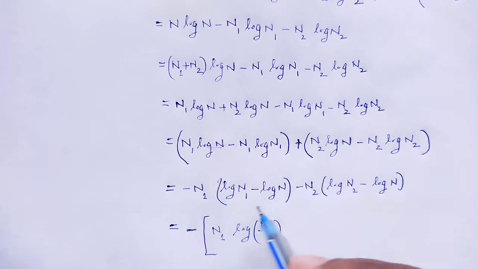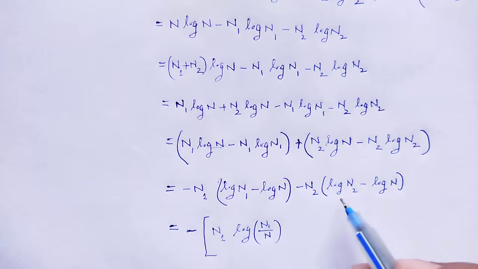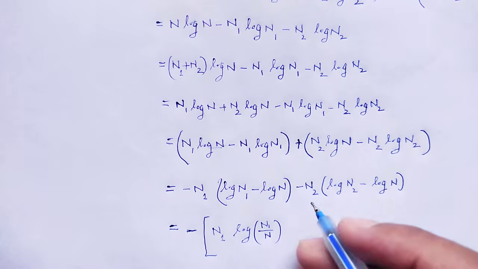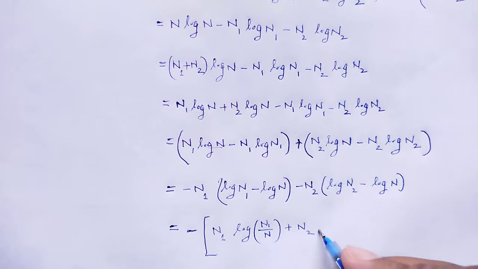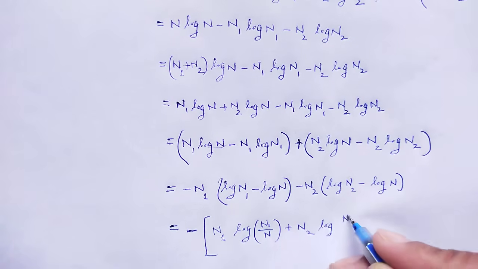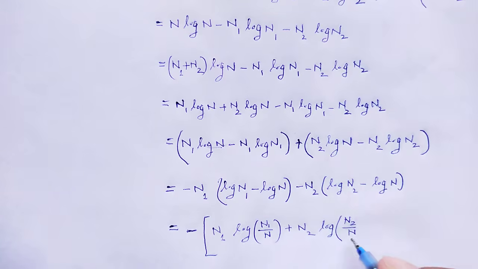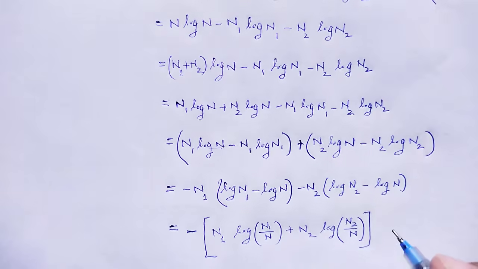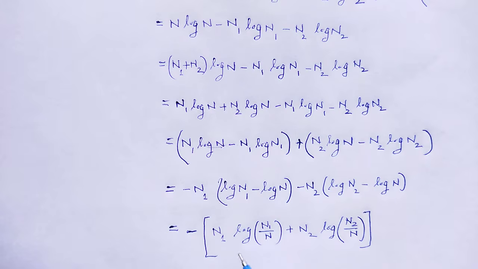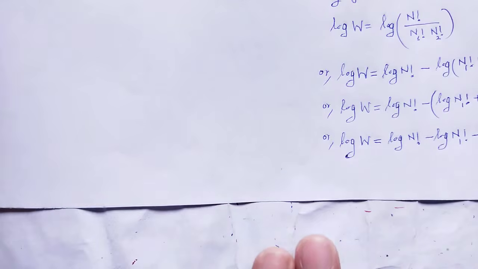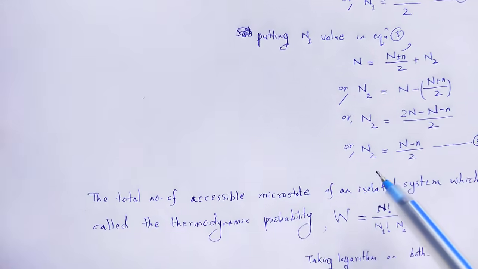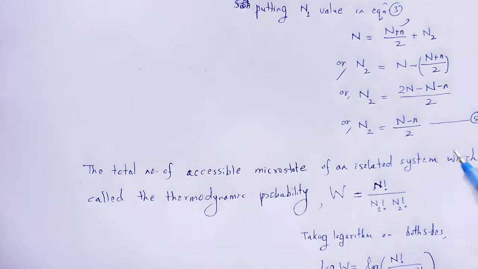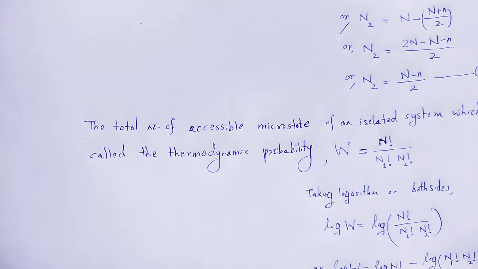As we take minus common throughout that entire equation, it will be plus n2 (log a minus log b), log a by b, n2 divided by n. The substitution we made, in place of n1 as n plus n divided by 2, in place of n2 n minus n divided by 2. These substitutions are put here.